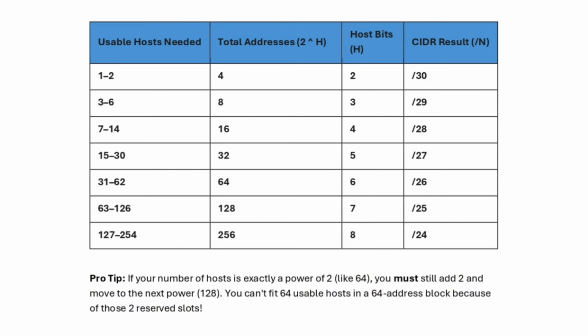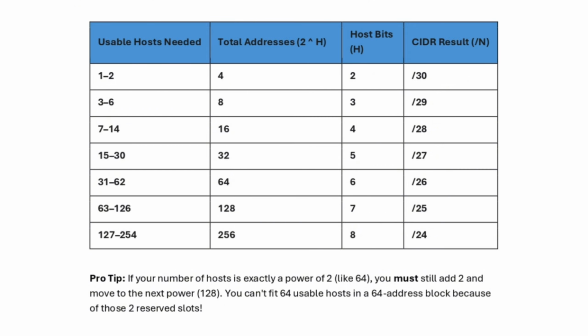The power of 2 is 7, so we subtract 7 from 32, which gives /25. So it would give a range something like 192.168.0.0/24.